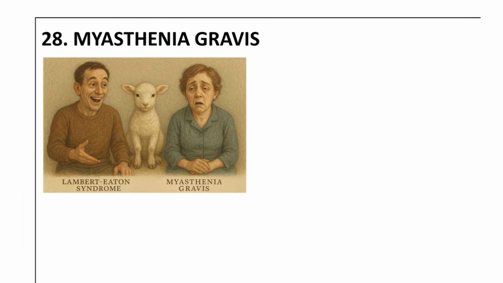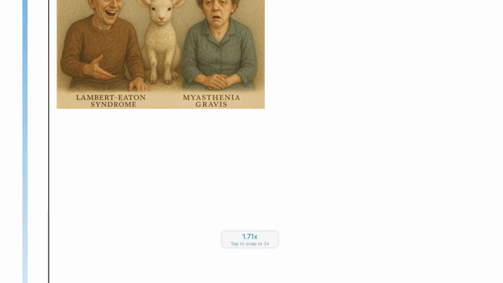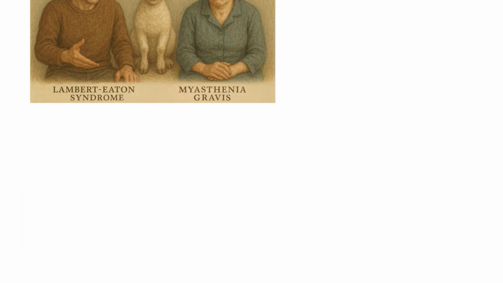Okay, next, myasthenia gravis. Remember two differences, Lambert-Eaton syndrome and myasthenia gravis. Lambert-Eaton syndrome is a presynaptic condition, and myasthenia gravis is a postsynaptic condition.